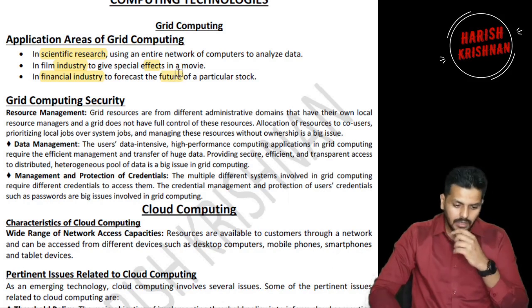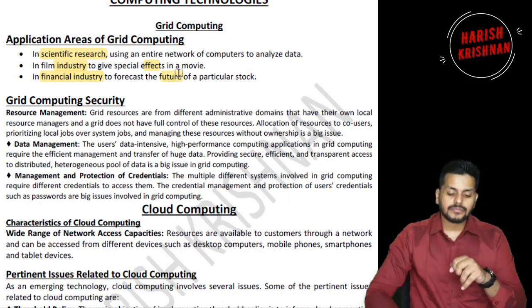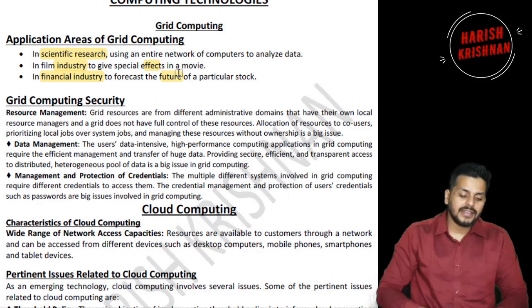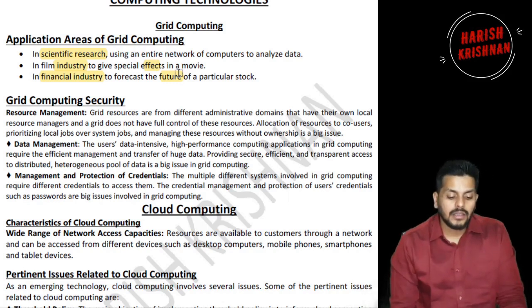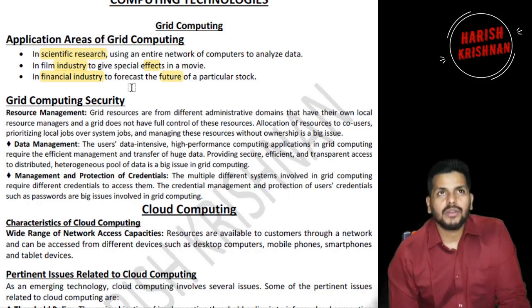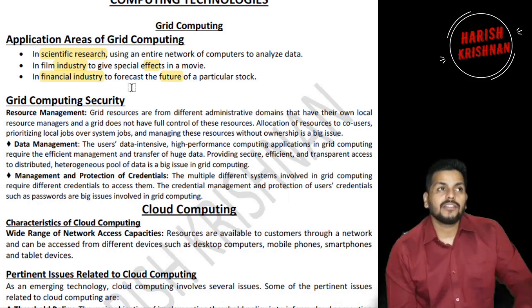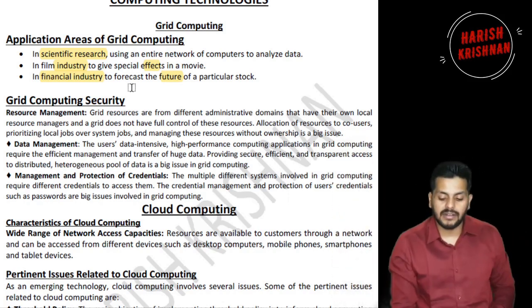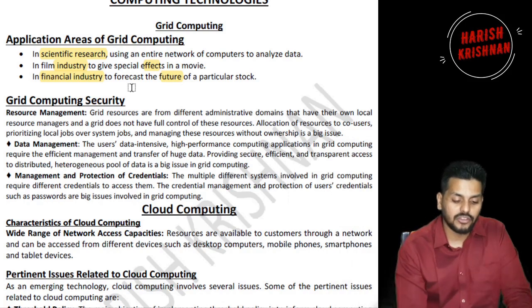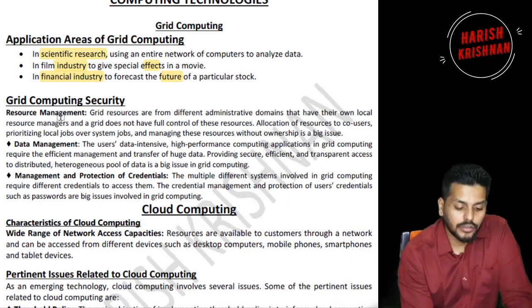And grid computing security, where 5 points are already there, these 3 points are added newly. Now we know that security on grid computing is a challenge, because if you know the concept of grid computing, there are many people who are connecting to the grid, right? So there could always be a challenge. Resource management.